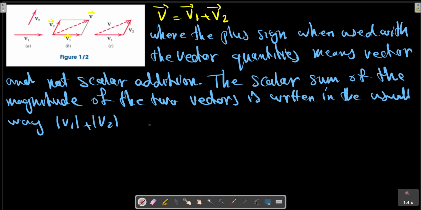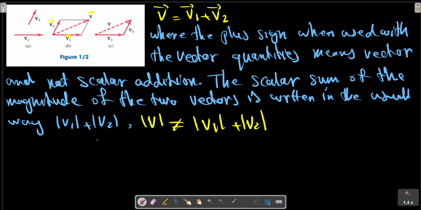The geometry of the parallelogram shows that V is not equal to V1 plus V2.